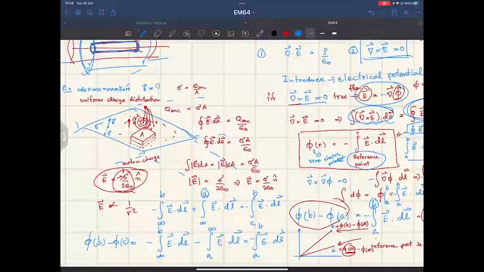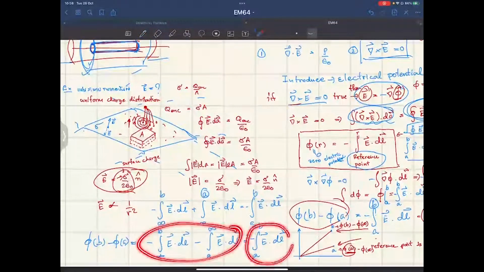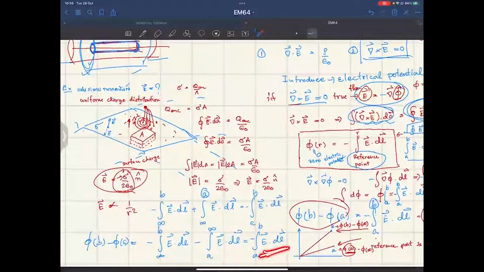Okay, any questions? Anyone understand why this thing here is equal to this expression? A to B here, B is up here, A is down here, and we have the same infinity.